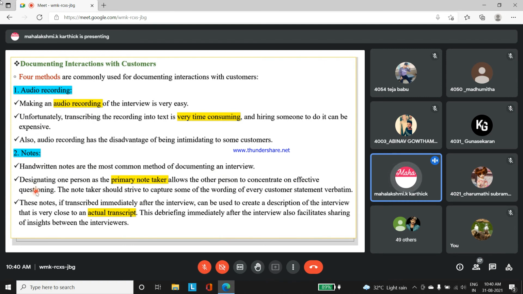Whatever question has been raised by the customer to the interviewer, the note taker will capture some of the wordings of every customer statement verbatim, and these notes, if transcribed immediately after the interview, can be used to create descriptions of the interview very close to the actual transcript. So they just converted the conversation into words. Those minutes of meetings are then shared with the customer as well as the interviewer for further product process.